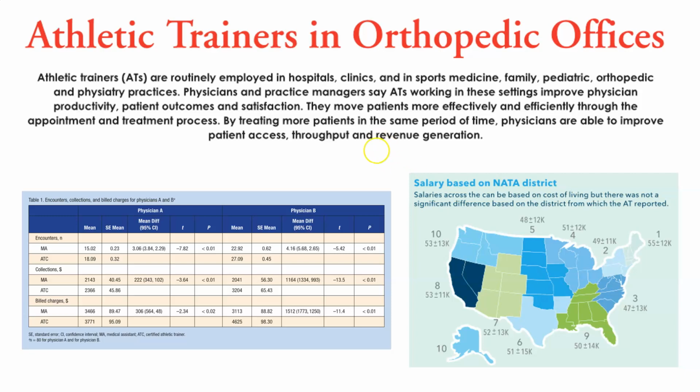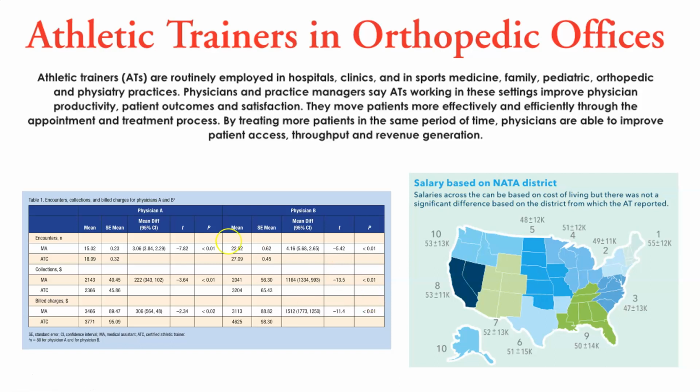for their clinic. And so you can see here as an example the number of patients that can be seen with an athletic trainer compared to a medical assistant being within the physician's office and helping do some of those duties that we're going to talk about here.